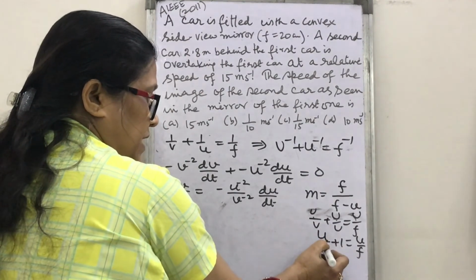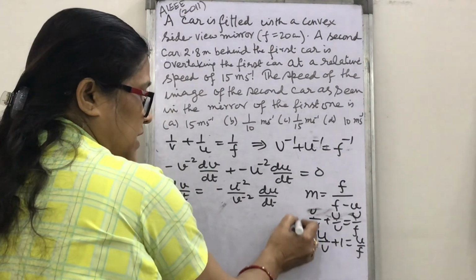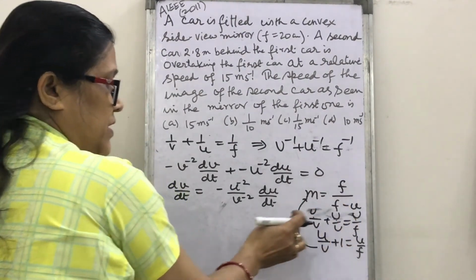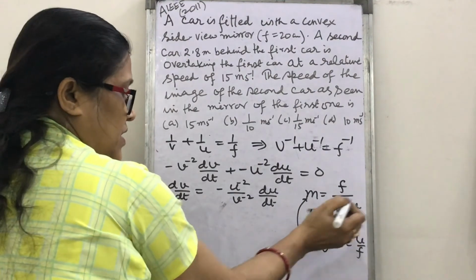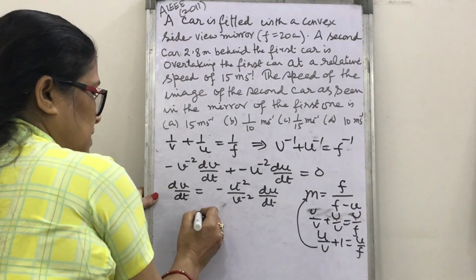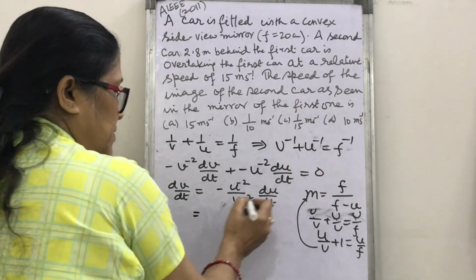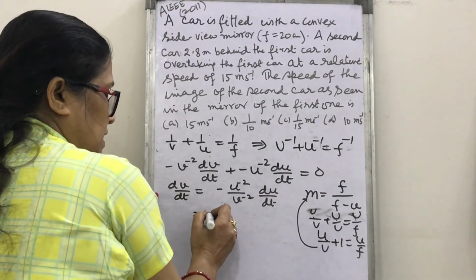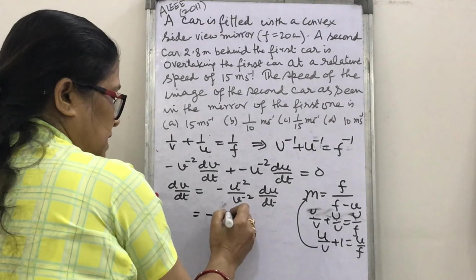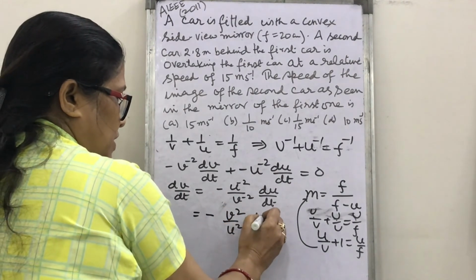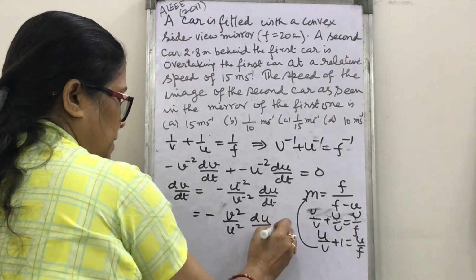So what will you write? You can get finally from this relation that m is minus v by u. So you can write m as f upon f minus u. Put here this value. If m is minus v by u, then you can write this expression as minus v square upon u square du by dt.